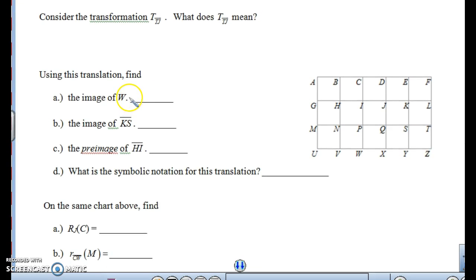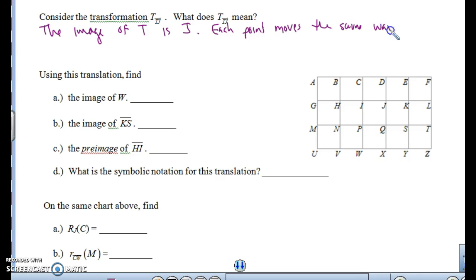That means that the image of T is J, because you start at your vector T and you end up at J. So the image of T is J. So each point moves the same way from T to J, from T to J. Okay, so how are we moving from T to J on this grid right here?